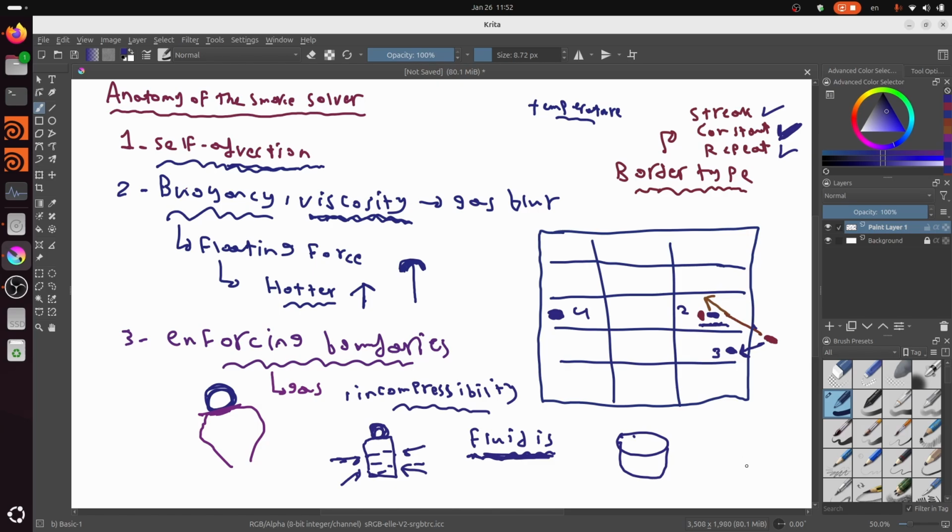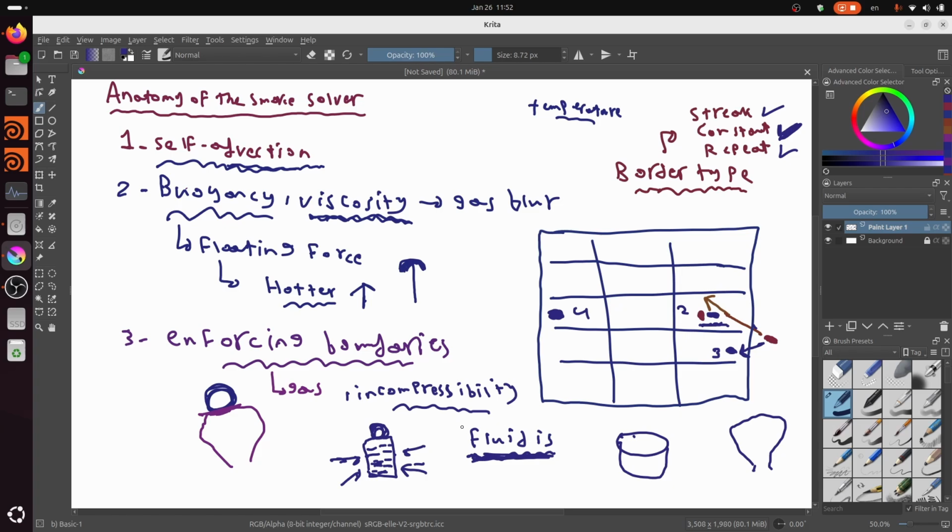When you blow a balloon with air, the air takes the shape of the balloon. So this is just the fluid. So smoke is fluid, water is fluid, and all of this stuff needs to be incompressible, because if they are not incompressible, the simulation is not going to be realistic.